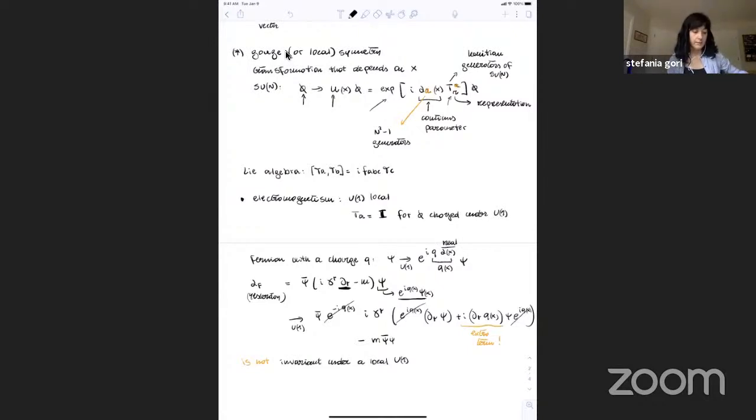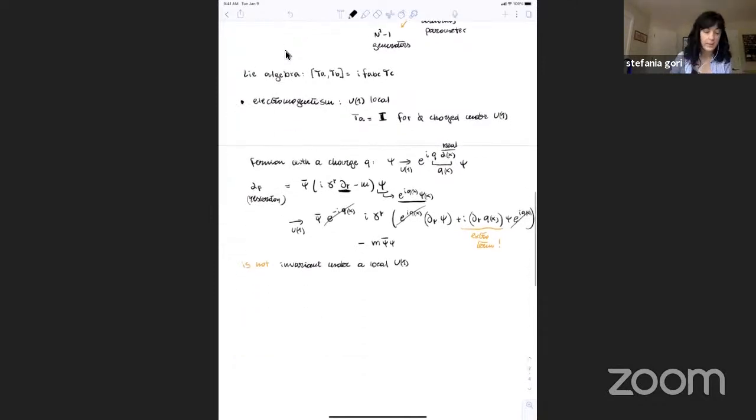Okay, excellent. So we need to do something, and what to do is to replace this derivative with what we call a covariant derivative. So basically, we need to introduce gauge fields in order to have a Lagrangian that is symmetric.